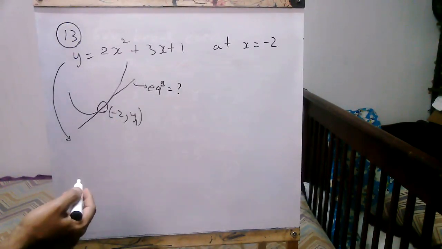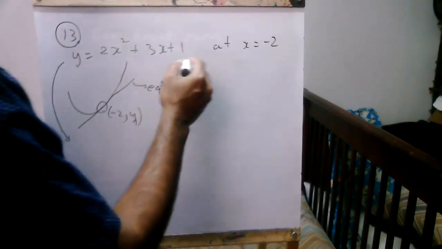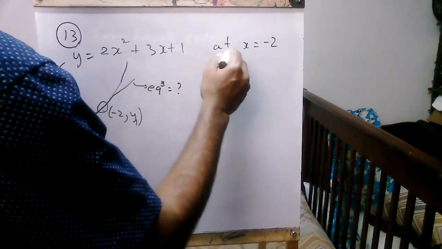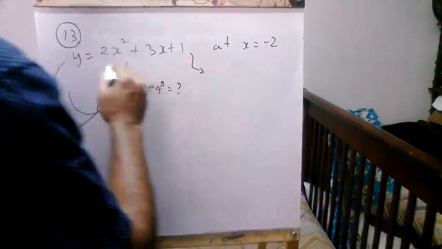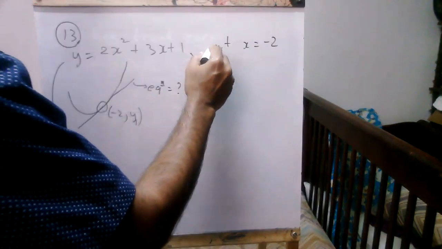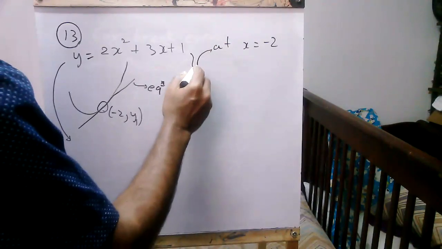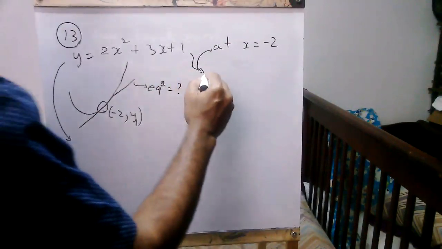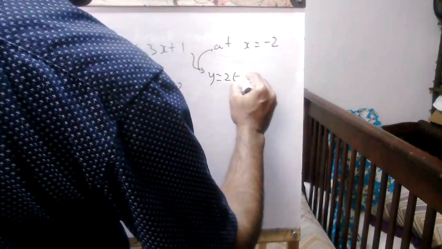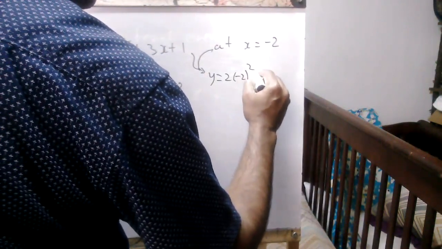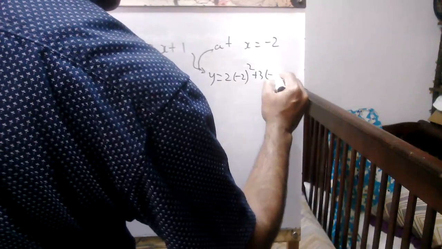We can do either one first. It doesn't matter. At x equal to negative 2, if you substitute that here, we get y equal to 2 times negative 2 squared plus 3 times negative 2 plus 1.